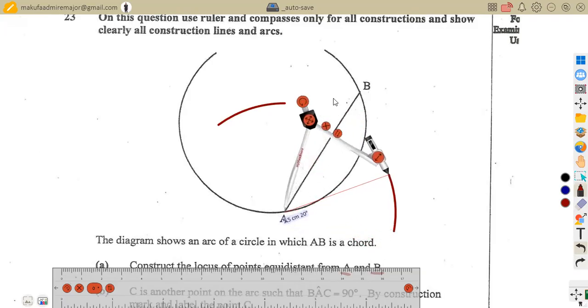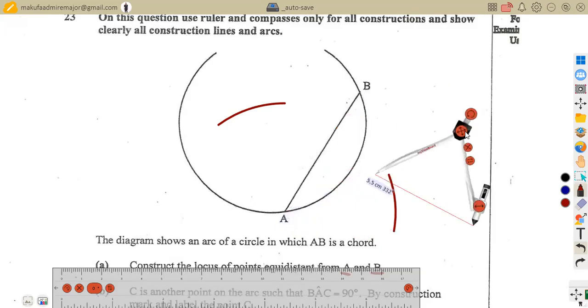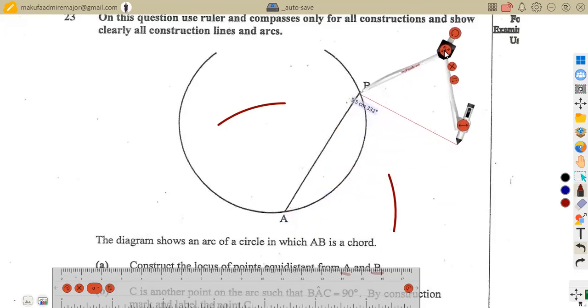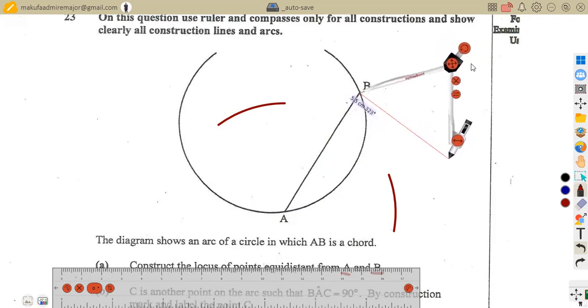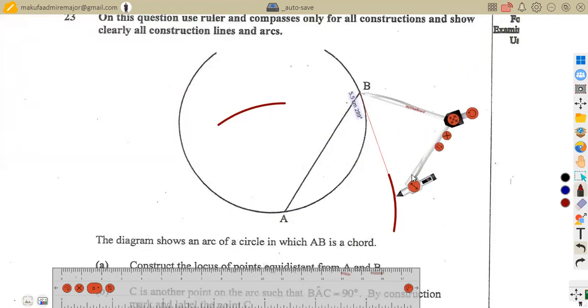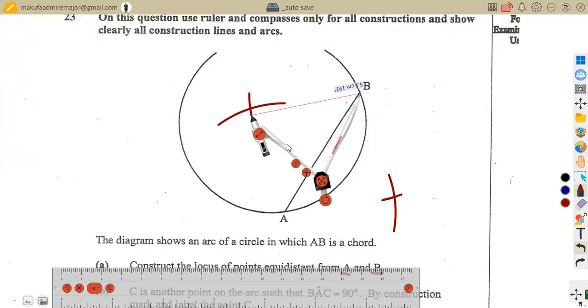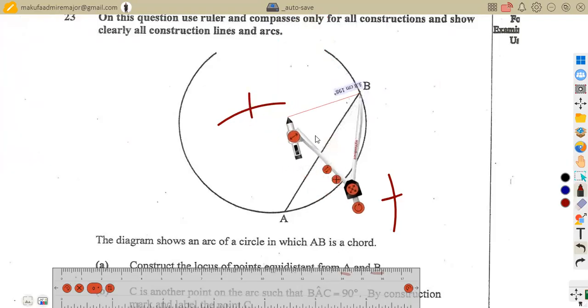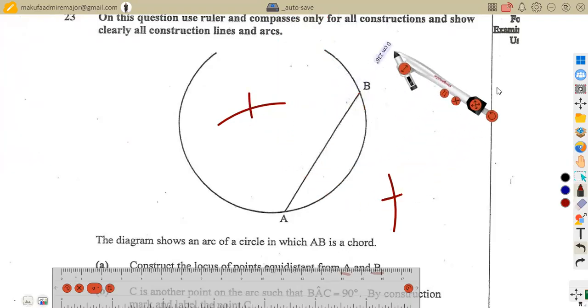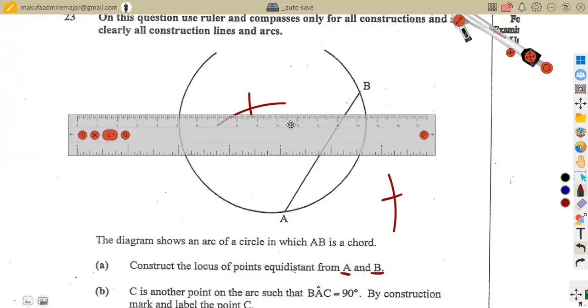Without changing this distance, you move on to the point B. You do the same thing without changing this distance. At point B, we are going to mark back our arc, and we also do the same thing on this side. We are going to have our arc like this. All right, so that is how you bisect a line from our construction and loci concept.